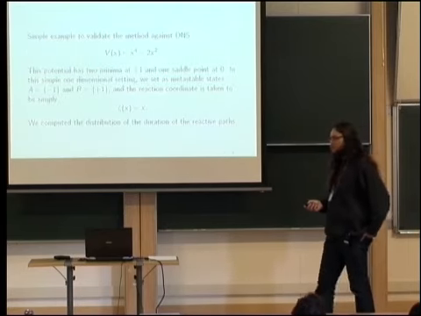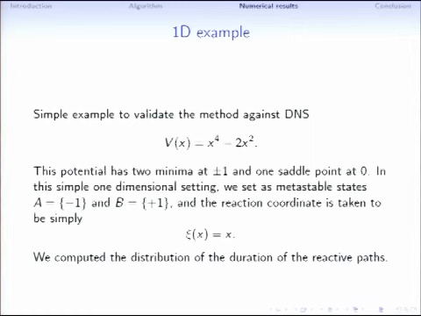Okay, so now I will present some numerical results, quite preliminary, but still interesting, I think. So first, a very toy example in one dimension, just to validate against direct numerical simulation.